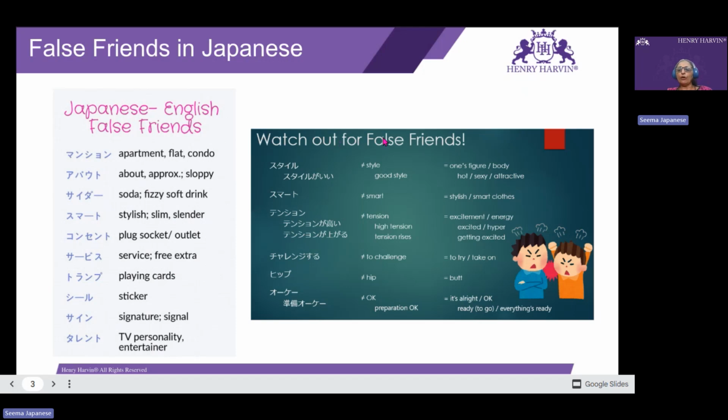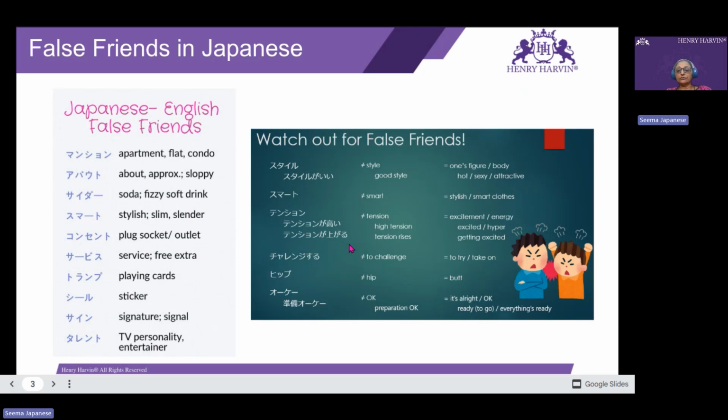Then watch out for false friends. Let's see some more false friends. The first false friend is sutairu, which means a style, one's figure or the body. Sutairu gai, hot, attractive, sexy. Sumato, smart, stylish, smart clothes. Then tension. Tension means excitement, energy. Tension ga takai, high tension, excited, hyper.